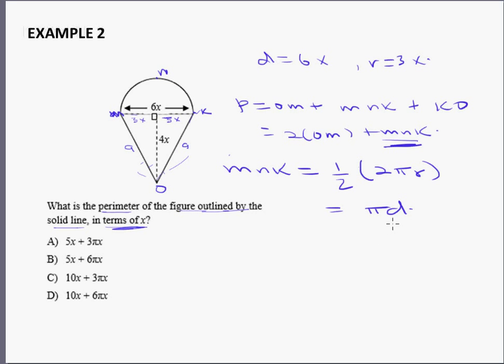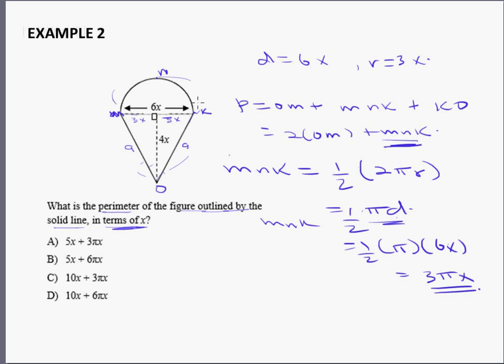So we can do half of this. Now what is d? D is 6x, therefore MK will be equal to half times pi times d, which is 6x, and that will give us 3 pi x. So that is MK.